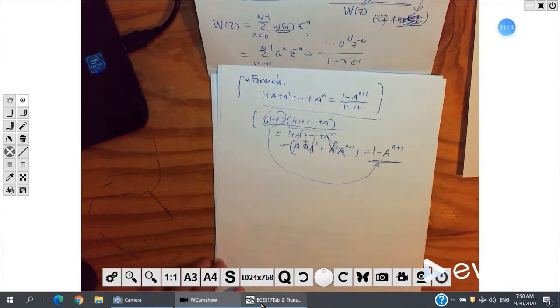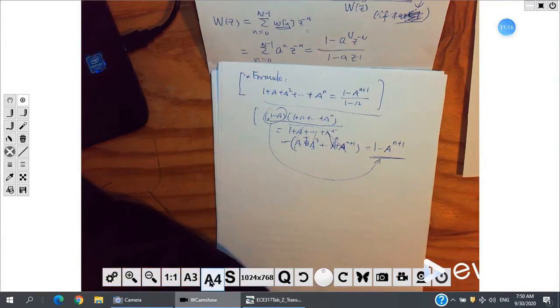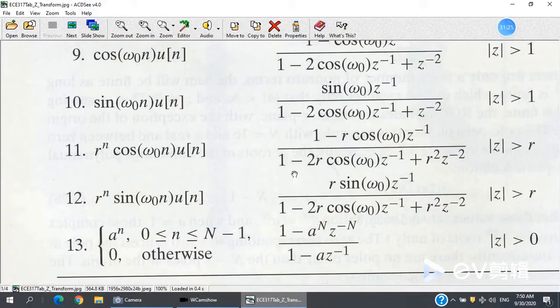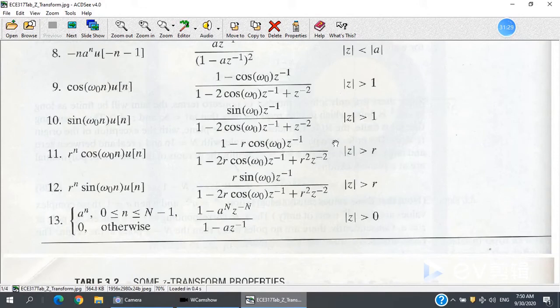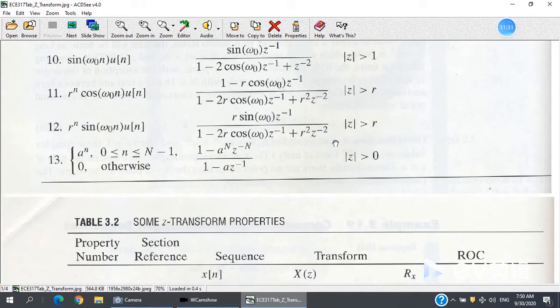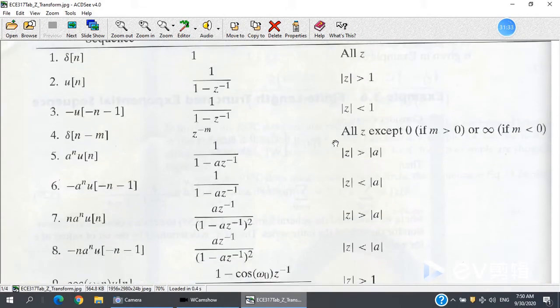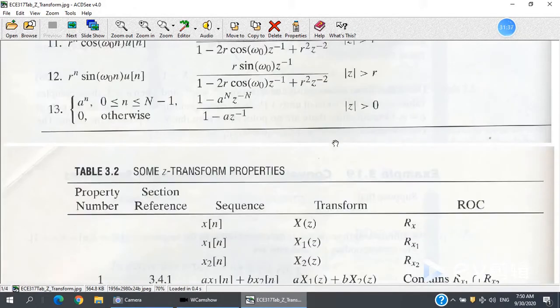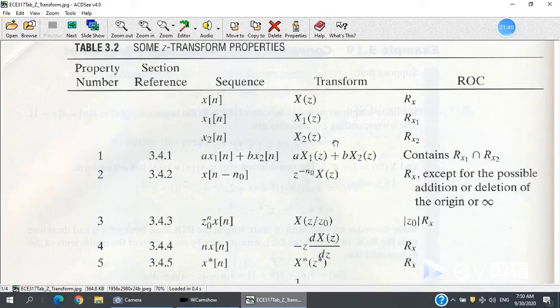Alright, so this is the first table. Now we go to the second table. The second table lists some properties of the Z transform.